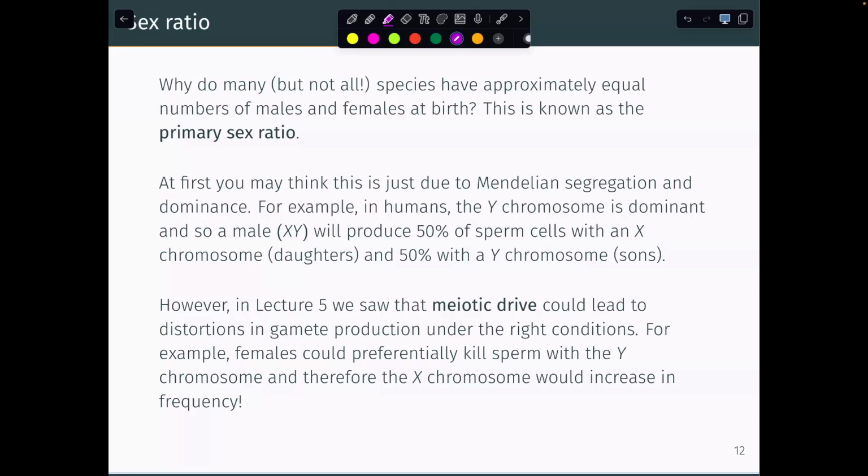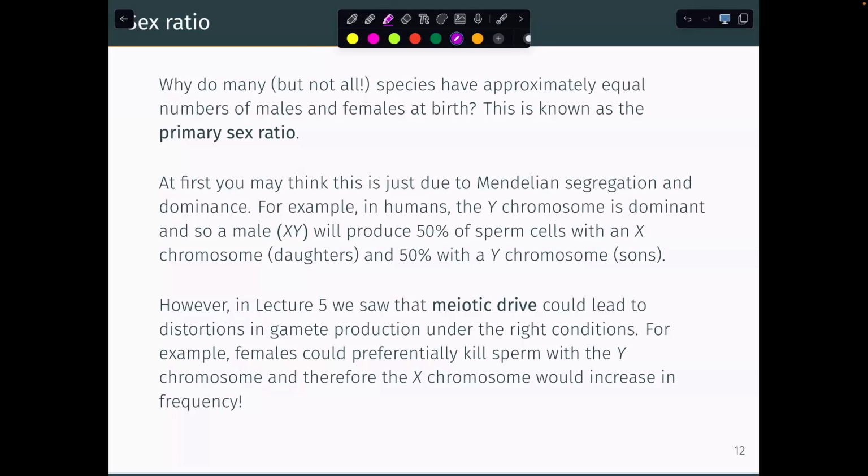Well, that's kind of what a few people thought, but thinking about it a little bit deeper, remember back in lecture 5, we talked about meiotic drive. Meiotic drive was all about distortions in gamete production. You can think of it being a little more general when it comes to mating: say, for example, females could preferentially kill sperm that have a Y chromosome.